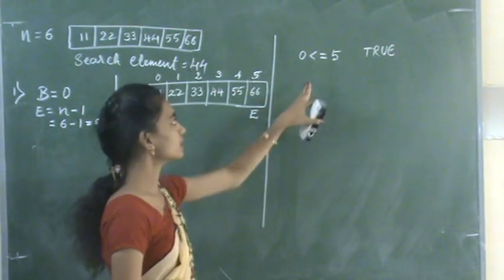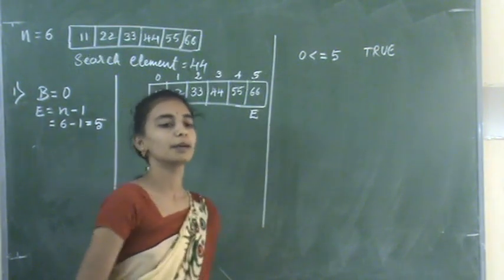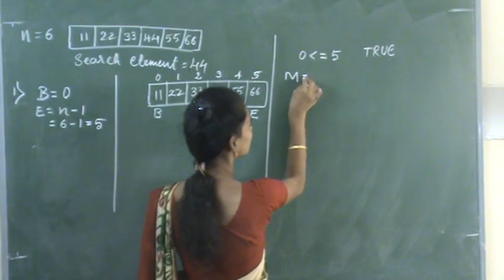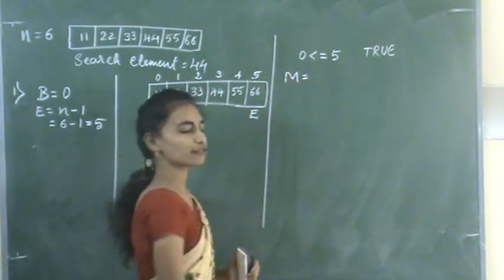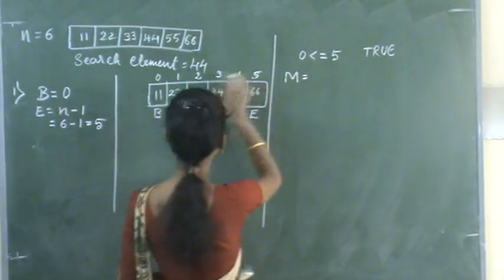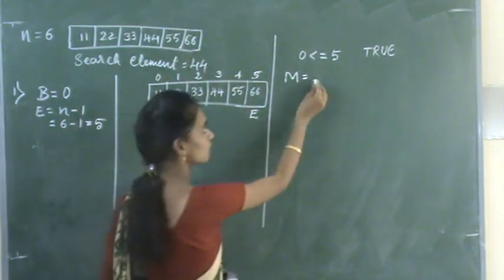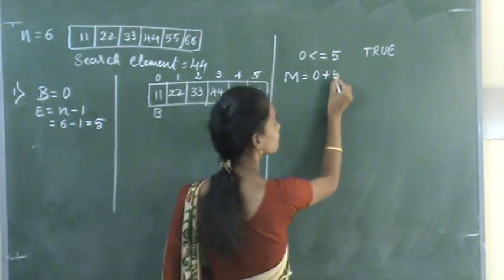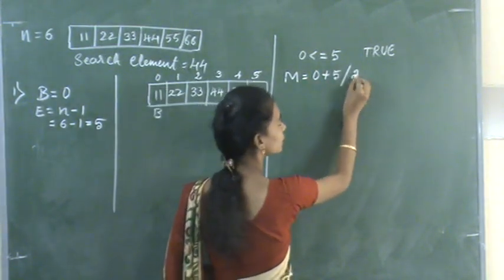After this we need to find the mid value. If the condition is true, then we find the mid position. What is the formula to find mid? Beginning plus end divided by 2. The beginning value is 0 plus the end value 5, divided by 2.